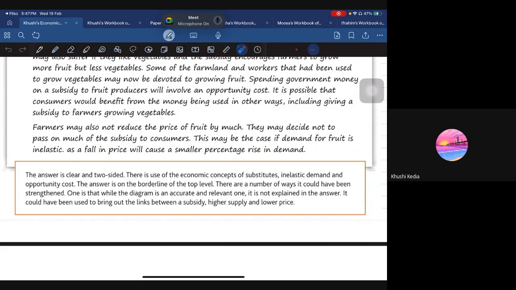And what he said is that the answer is on the borderline of the top level. There are a number of ways it could have been strengthened. One is that while the diagram is an accurate and relevant one, it is not explained in the answer. It could have been used to bring out the links between subsidy, higher supply, and lower price.